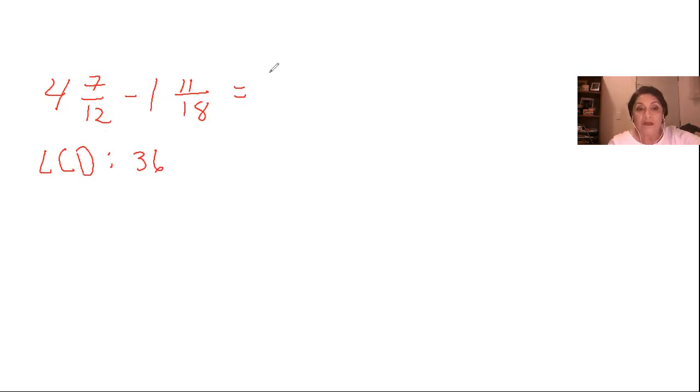So let's do this subtraction. I copy the least common denominator and the whole numbers. Okay, 36 divided by 12. Why divided? Because the least common denominator is the number that divides evenly both denominators at the same time. So 36 divided by 12 is 3.